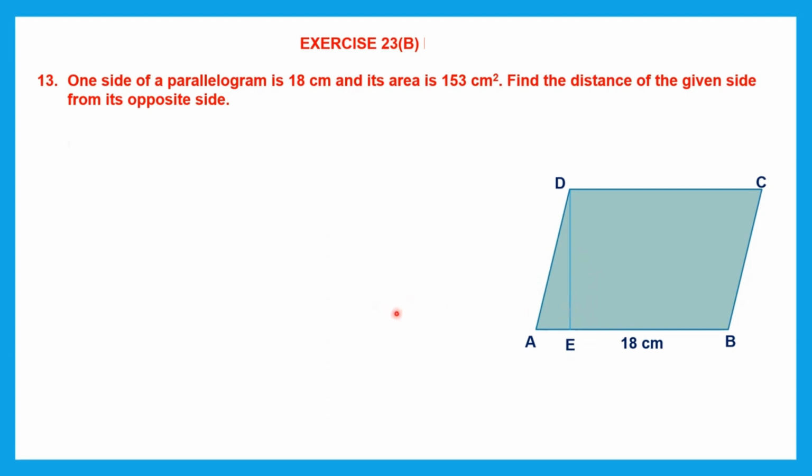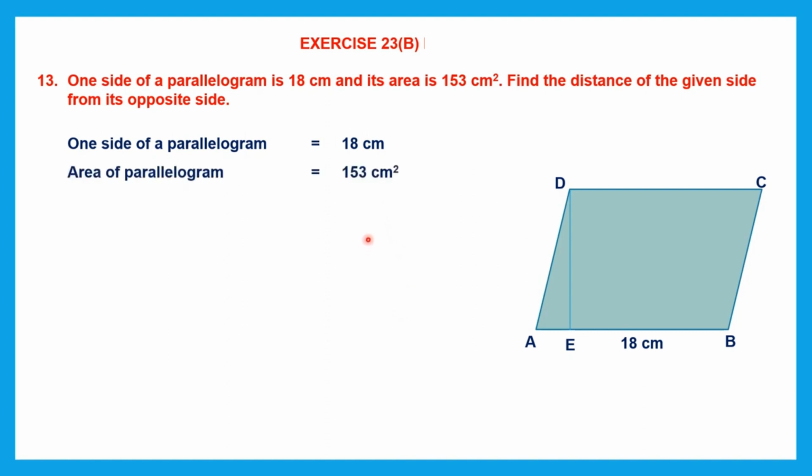Okay, so now what is given to us? One side of the parallelogram is given to us and area of the parallelogram is given. Now we have to find the height. Remember, whenever we are asked to find something, make use of whatever is given to us. So here we can make use of this area of the parallelogram. Using the formula, area of the parallelogram is base into height.